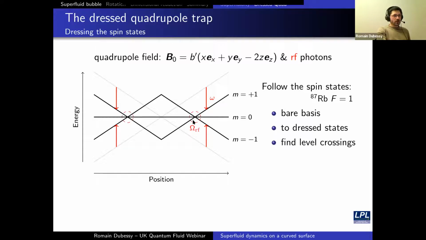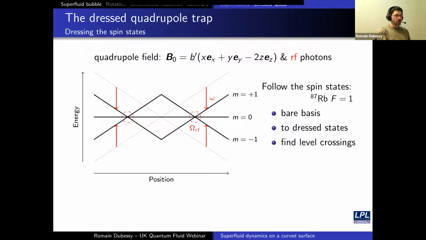And due to the RF coupling, you know also that you will have some avoided crossing between those states. And that's exactly what we obtain if we diagonalize the Hamiltonian using the rotating-wave approximation.